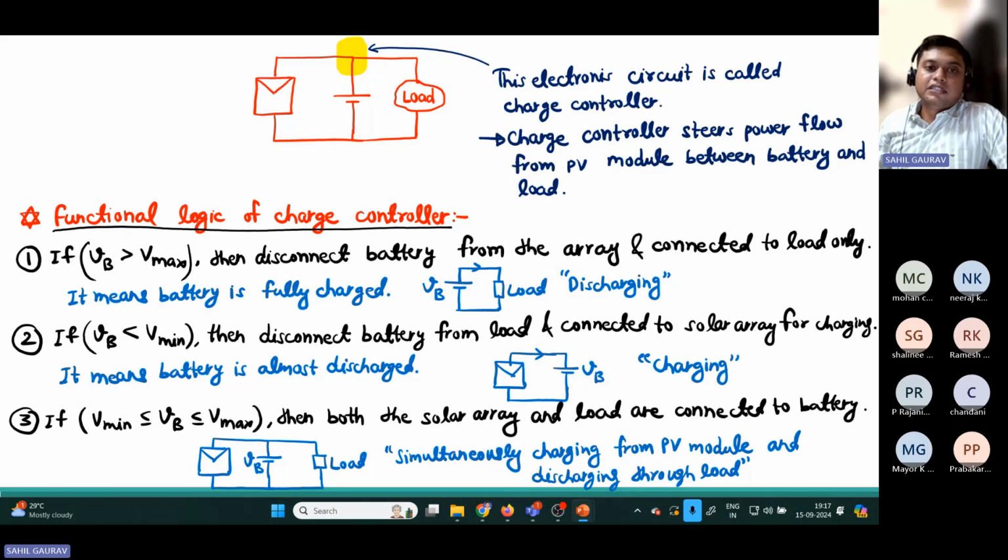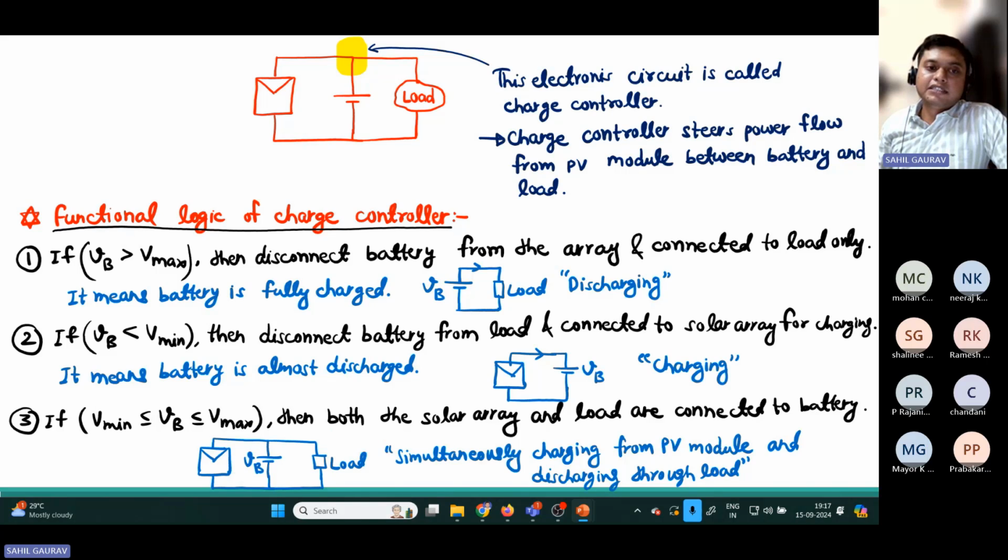And if the battery voltage is less than some minimum voltage, it means that the battery needs charging, meaning you cannot extract more power from the battery. So you have to connect to the solar array for charging. And suppose the battery voltage is within this limit, Vmin and Vmax, then both the solar array and load are connected to the battery.